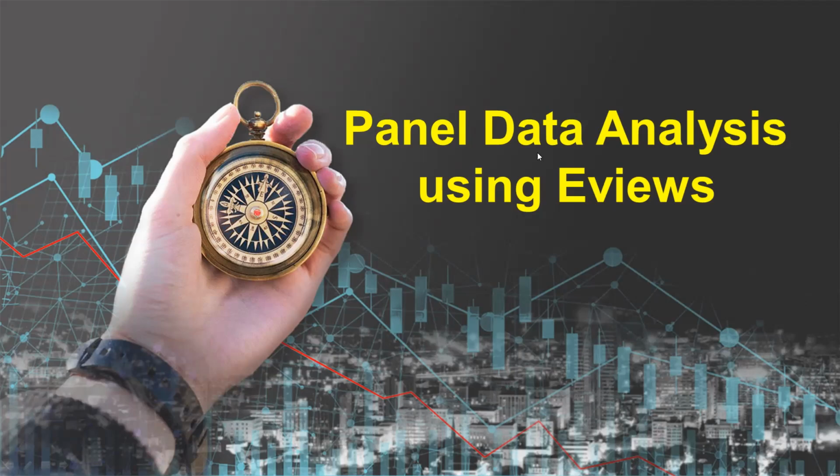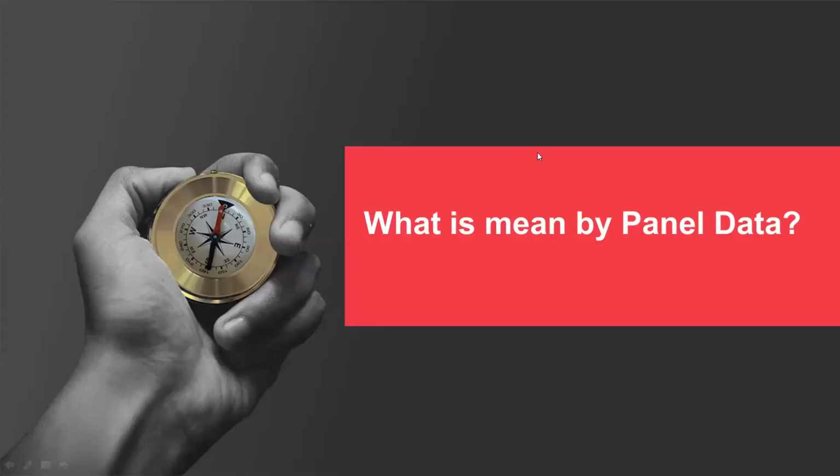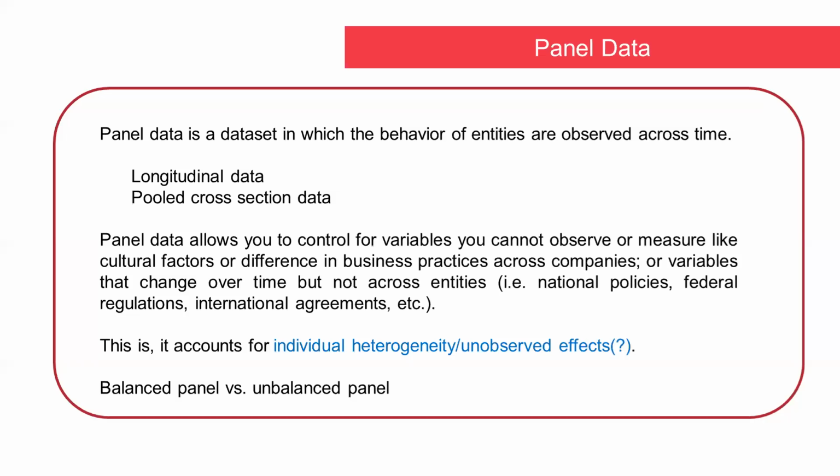So I'll brief you about what is meant by panel data. Basically, you can see the definition. Panel data is a data set in which the behavior of entities is observed across time. So we can say that panel data, also known as longitudinal or cross-sectional time series data, involves examining data that follow the same objects or same subjects over multiple time periods.